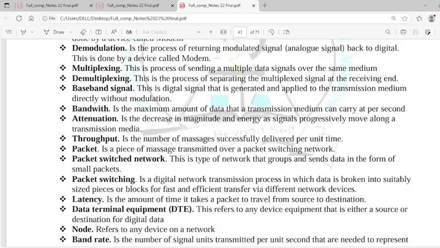Let's look at a road. If a road has one lane, the maximum number of cars that can use the road per second may be 1.